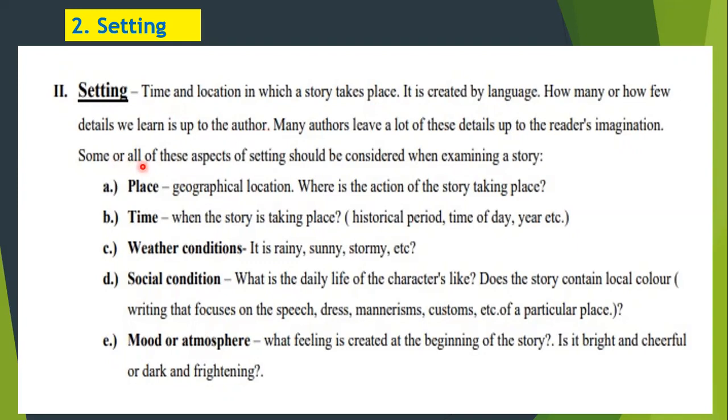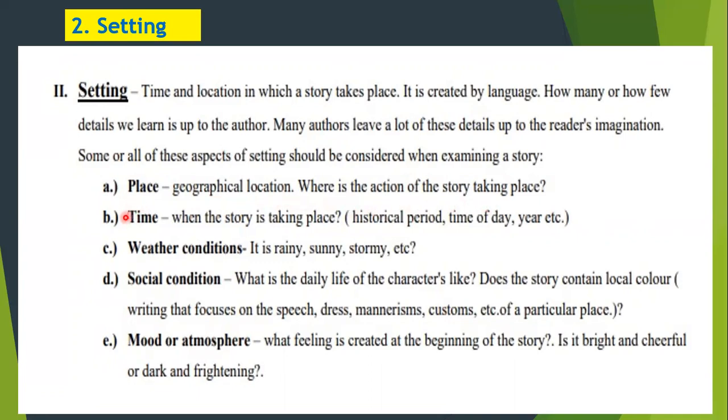Some or all of these aspects of setting should be considered when examining the story. So when we would like to examine the setting of the story, we need to take these items into consideration. The first one is the place. The place is the geographical location where the action of the story takes place.